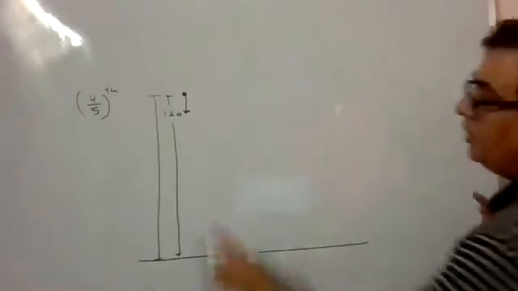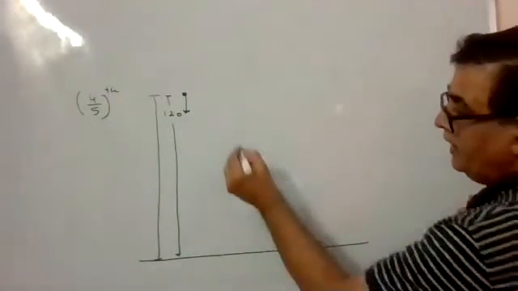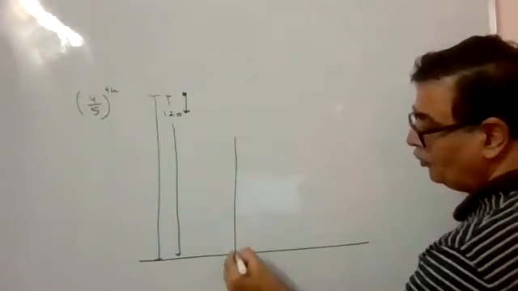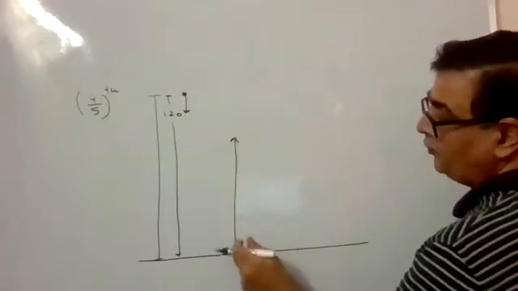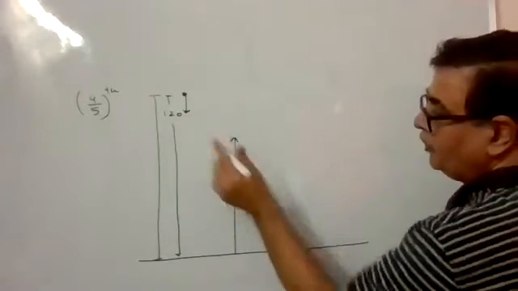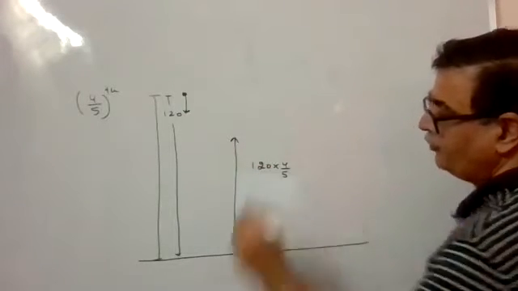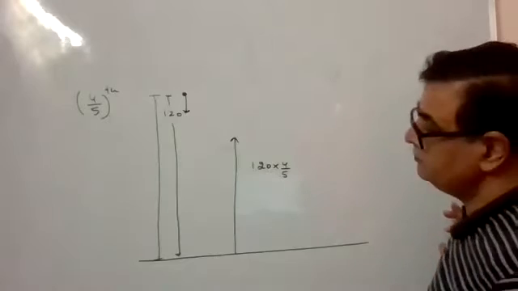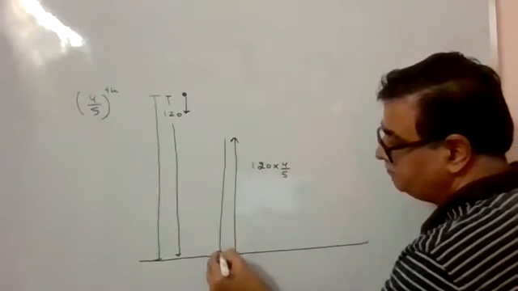When you drop the ball, it will strike the ground and it will rebound. Now it will rebound 4/5 of the height. It will go up, how much after rebounding? 4/5 of 120. So 120 times 4/5 is the rebound, and then it comes back here.